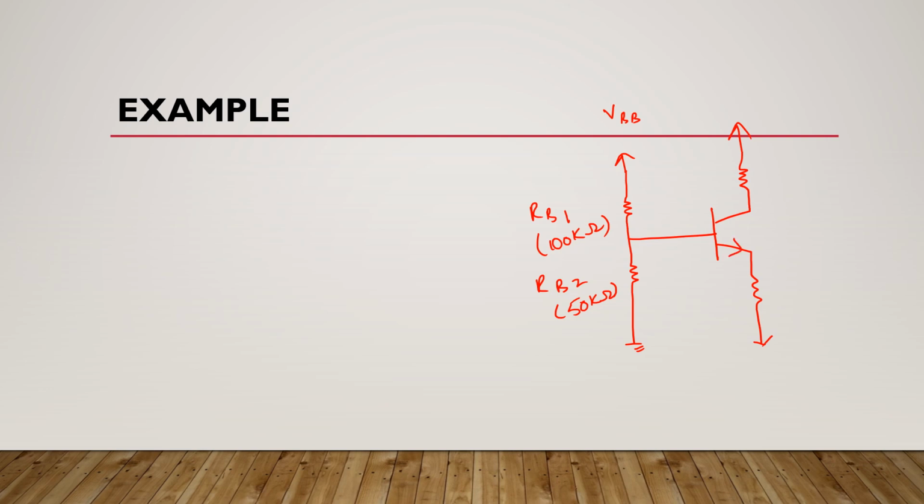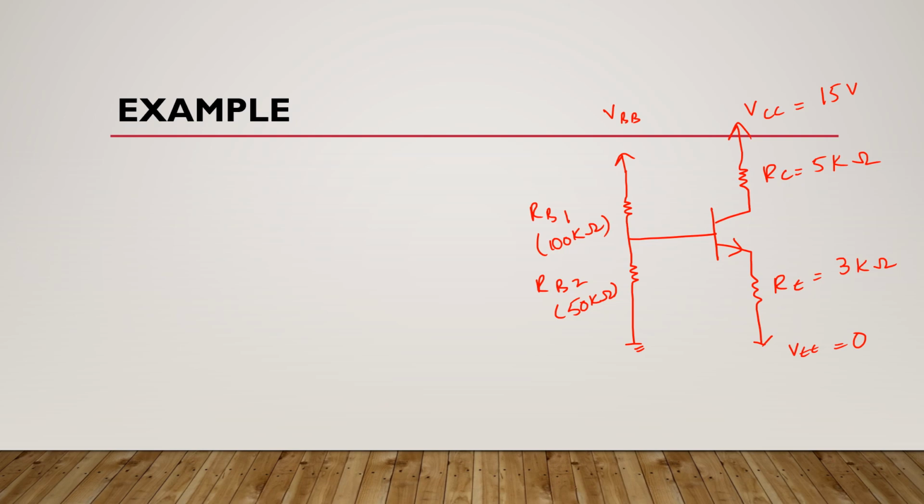It means here is VCC, and suppose it is 15 volts, and this VEE is 0, it means it is grounded. Here this RE is 3 kilo ohms and this RC is 5 kilo ohms.